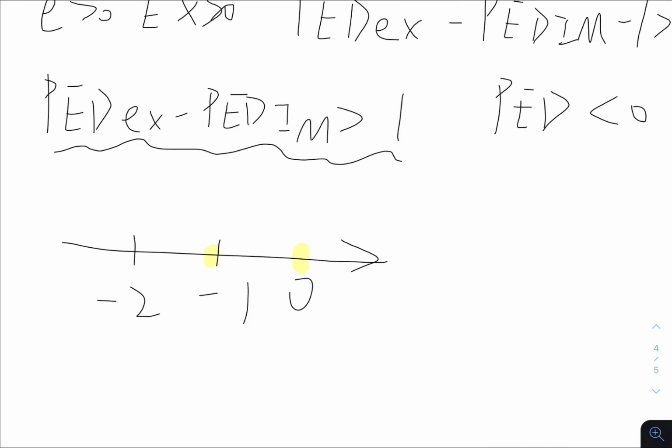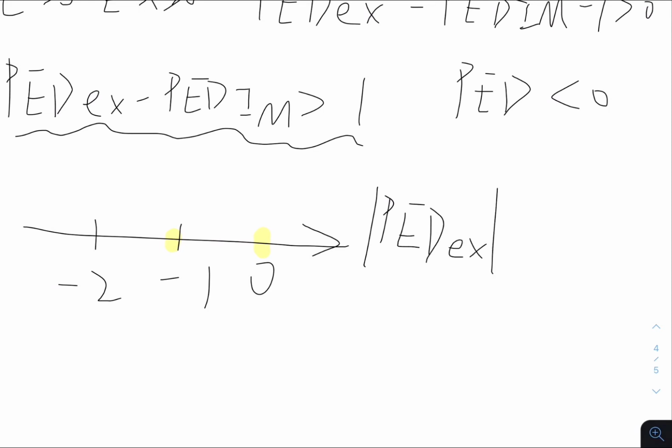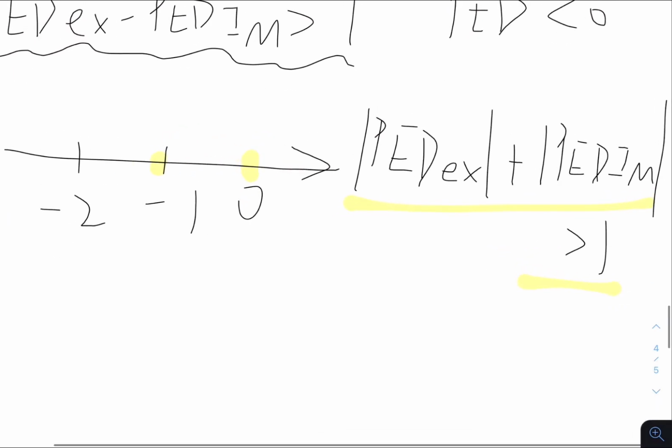Then we can see that the sum of distances from these two numbers to 0 must be bigger than 1. Yeah, then you see we have successfully proved the Marshall-Lerner condition.